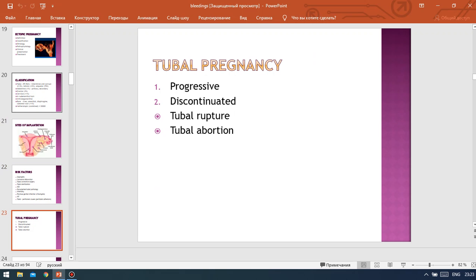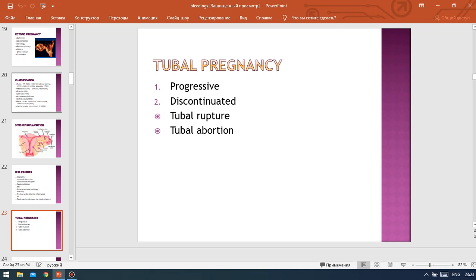Tubal pregnancy can be progressive, discontinued, tubal rupture, or tubal abortion. If we have tubal rupture, the clinical signs are massive bleeding. Sometimes when we have tubal abortion, the patient has bleeding but not so much blood, just a little portion, and they are not confused.